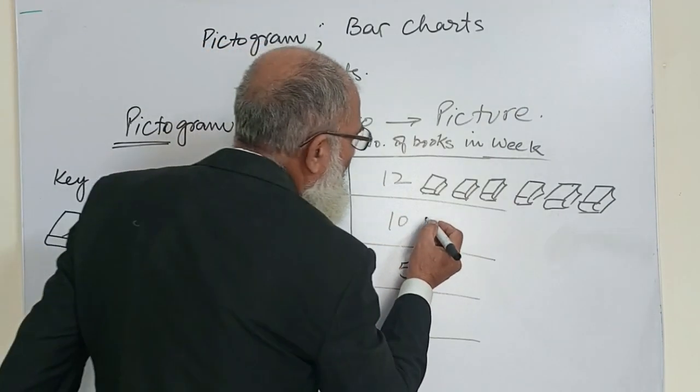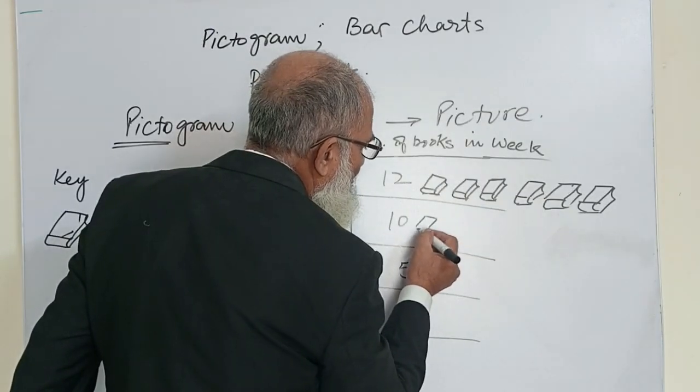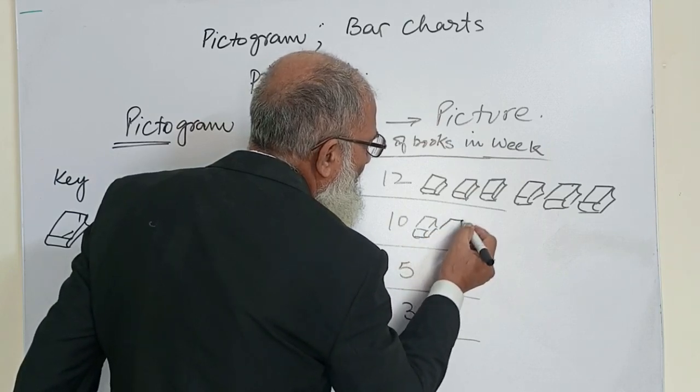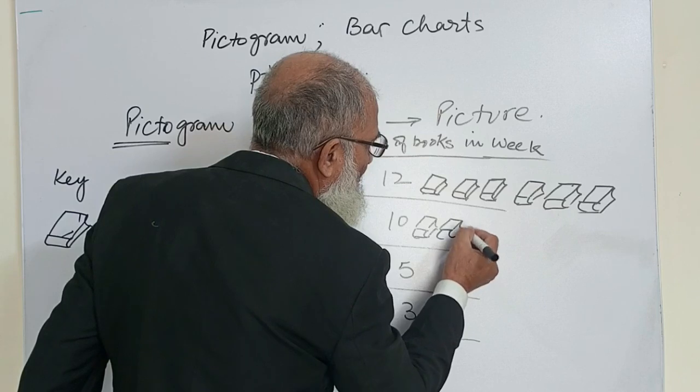Now similarly, if I draw five books over here, the key will remain the same in one table.